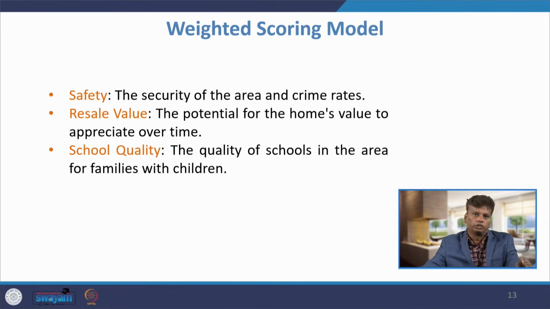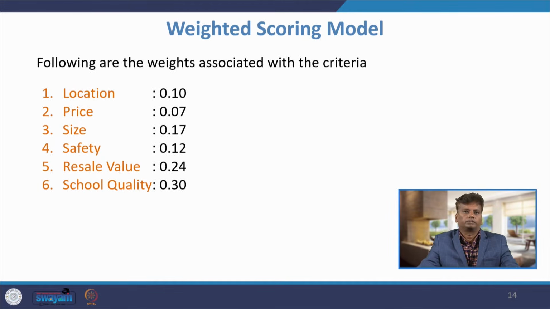Here choosing a house is a project. We can have some other criteria; I have given these only for illustration purposes. So, we got the weightage from the expert for all 6 criteria. For example, location is 10%, price 7%, size 17%, safety 12%, resale value 24%.